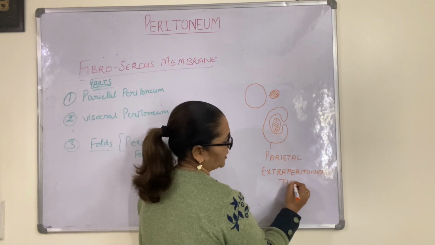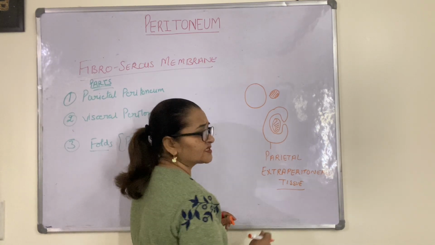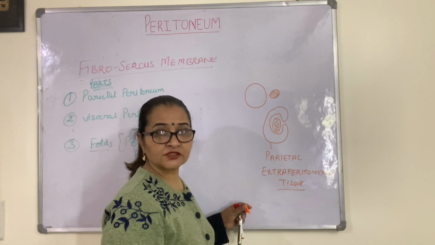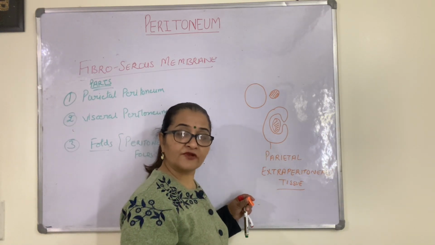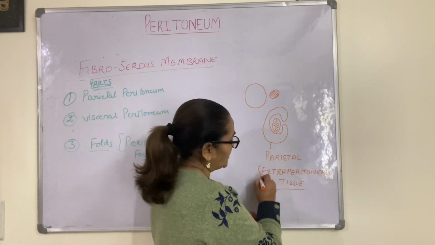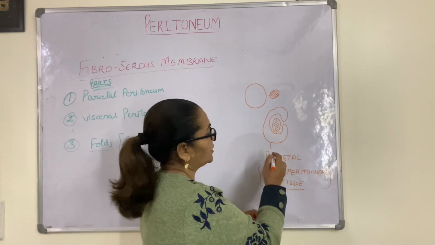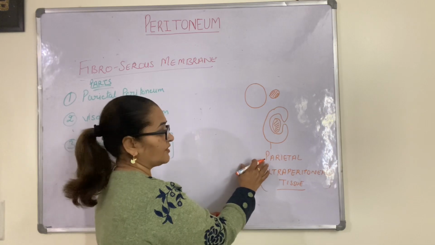Now this extraperitoneal tissue is present in varying amounts at different parts of the body. So the fat may be present there. At some places the fat is more, so they are just filling that space. Clear? Now this parietal peritoneum is developing from where?